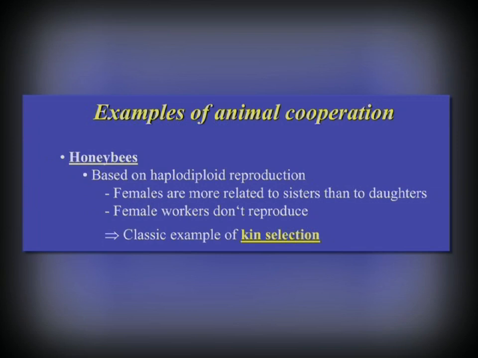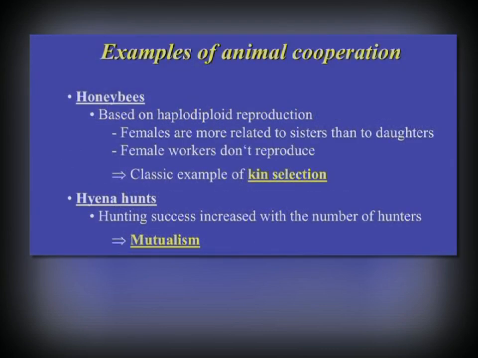Even if we now know it doesn't always work that easily, it's still a textbook example for the evolution of altruism through kin selection.